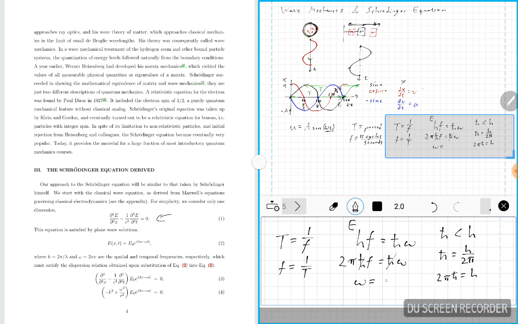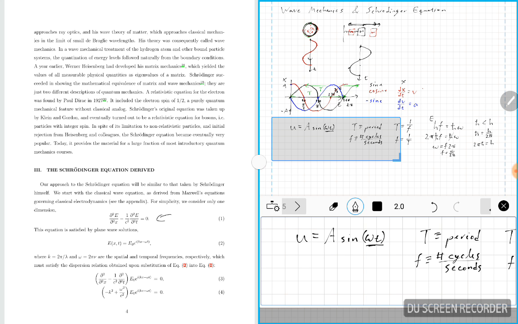And we have that omega equals frequency times 2 pi, or frequency equals omega divided by 2 pi. So what that means is that for every factor of 2 pi, I get the same u out. Actually, for every factor of pi as well, but it can switch from being maximum or minimum.